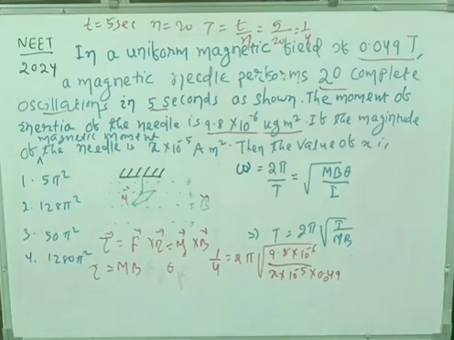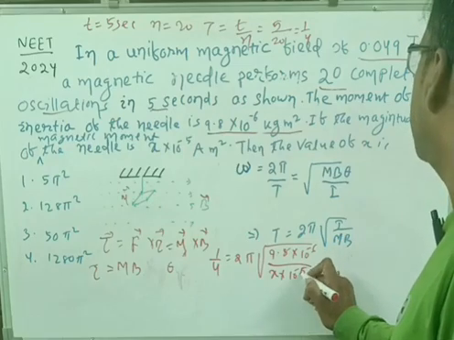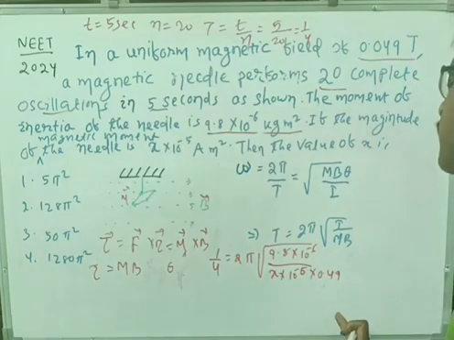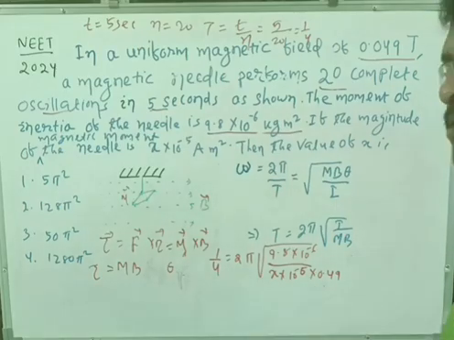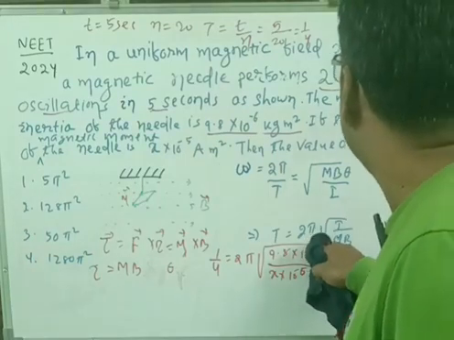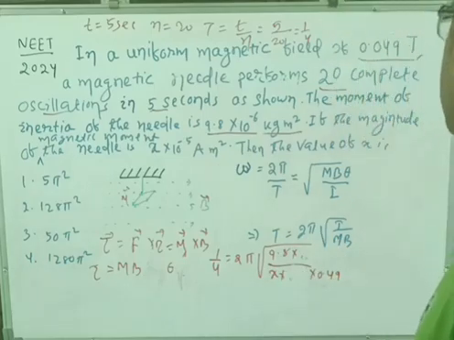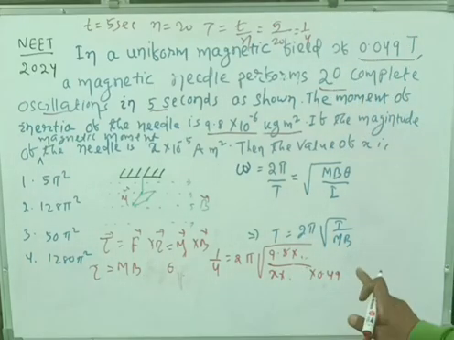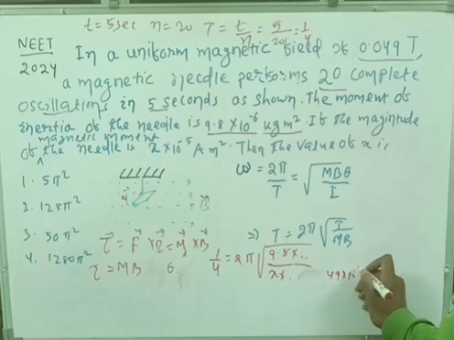So we may write it like this. Instead of 0.049, we may write 0.49 × 10^-1... we may write 0.49 × 10^-6, and we may cancel the 10^-6 and 10^-6, which are both in the numerator and the denominator. We may also write this as 49 × 10^-2.